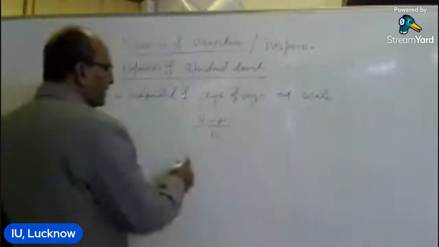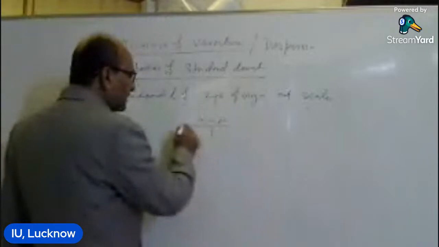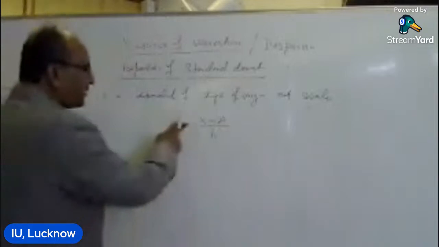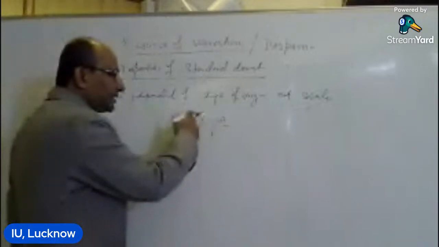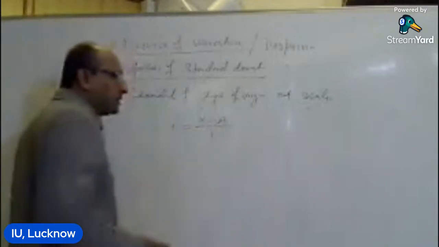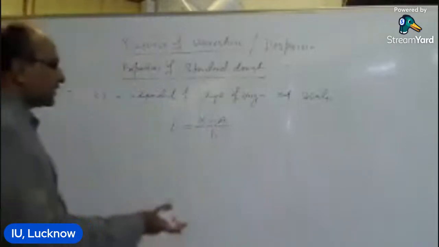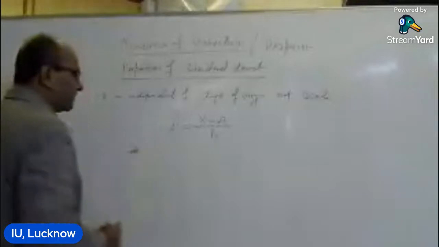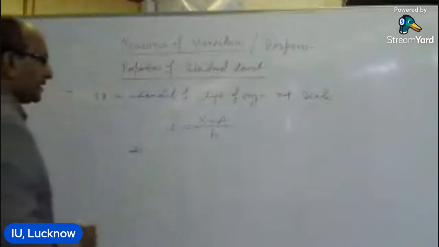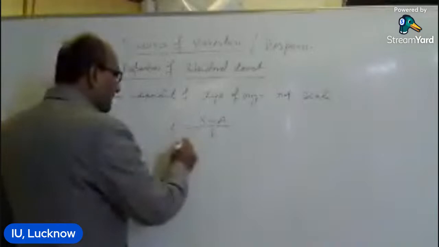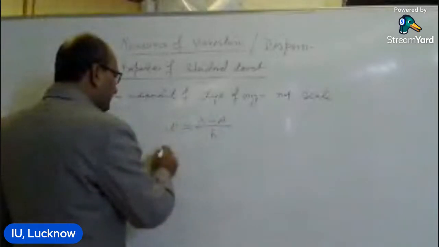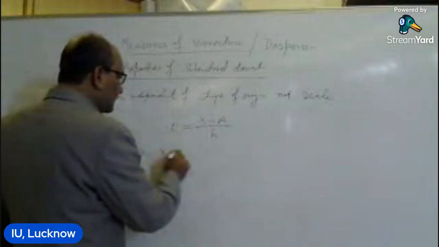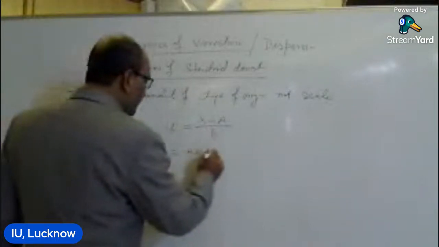Now we have the new variable, and this new variable is written as u. Our original variable is x, and after changing its origin and scale, it becomes the new variable, denoted by u. So we can say that x is equal to a plus hu.